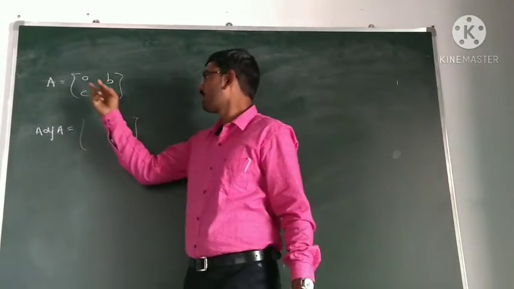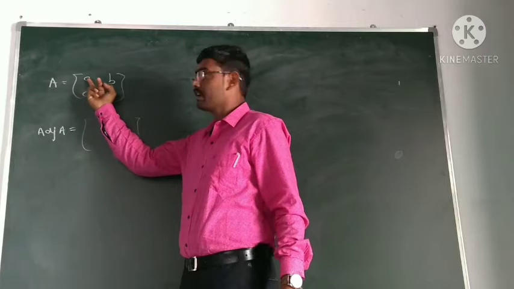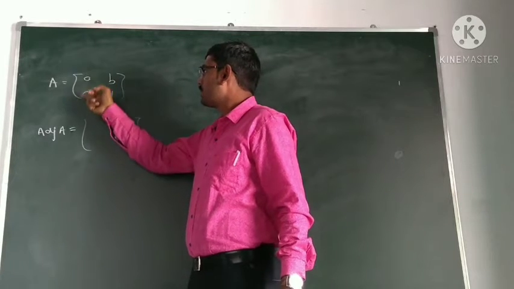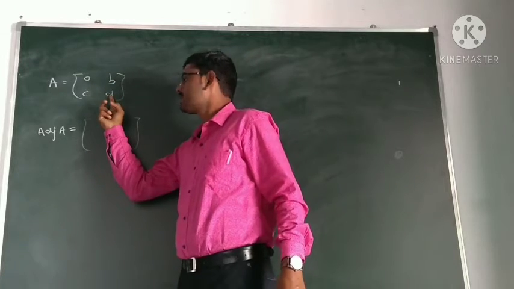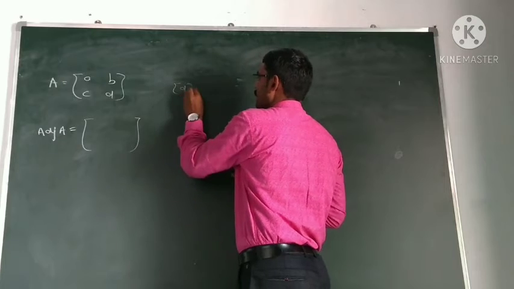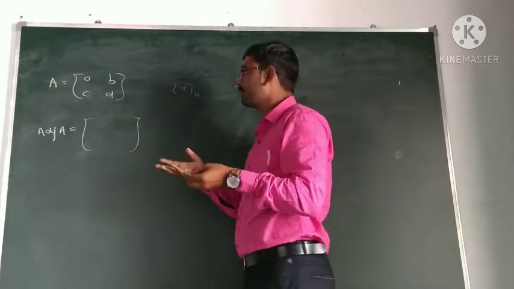But the cofactor of this element A is equal to determinant of the matrix obtained by deleting this column and this row. So the only element that remains is the single 1 by 1 matrix D, and determinant of 1 by 1 matrix D is equal to D.